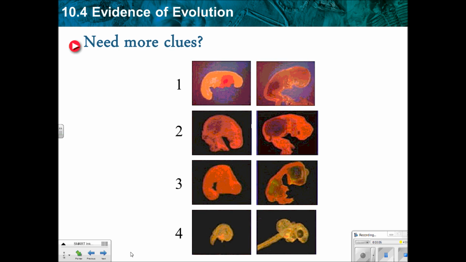I'm going to give you some more clues. Now, what I gave you was just, I allowed time to go by. I allowed the embryos to develop further. They're getting more and more traits that you might be able to identify.